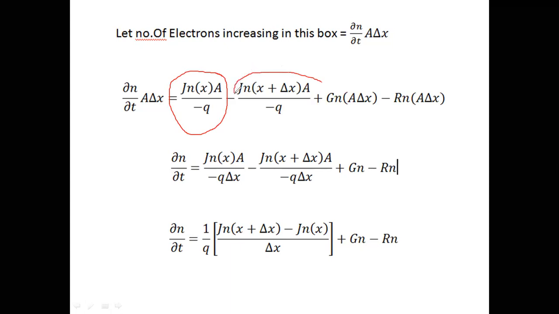This is the term which indicates the number of electrons leaving the pillbox at point x plus delta x, and this is the generation rate of electrons inside the pillbox, and this is the recombination rate of electrons inside the pillbox, right?